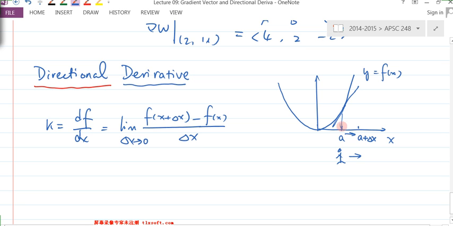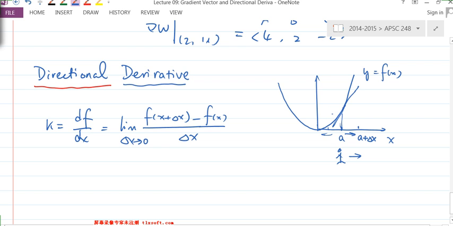But if I walk in this direction here, as you can naturally see, there's going to be a decrease in the function f. So the slope is going to be a negative value. Is that okay?